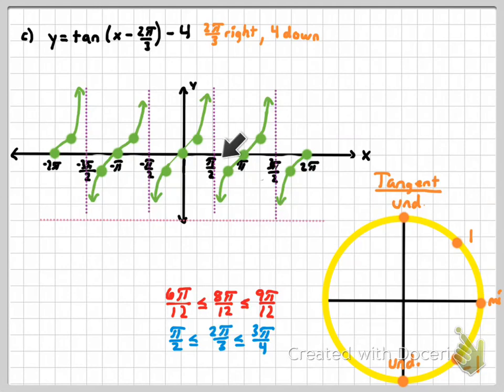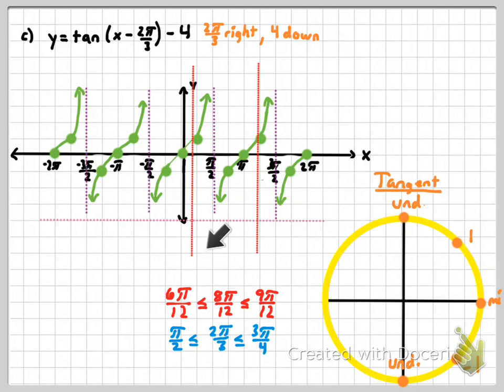So let's say I shift this vertical asymptote over 1, 2, and almost 3 vertical lines on my grid. Right there. And once I've got that, I can just keep copying it every 4 lines, because remember the period of a tangent function is pi, and every 4 grid lines here is pi units as well. So the next vertical asymptote would be here.